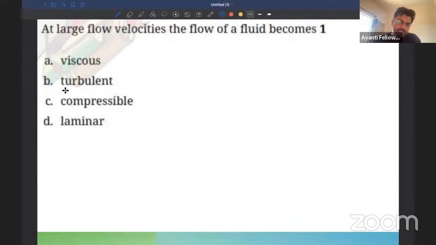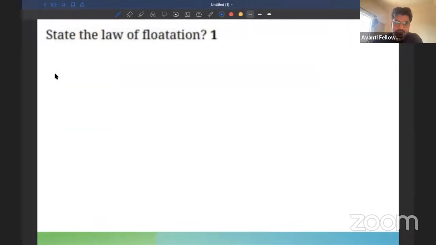So the answer will be turbulent. Okay. So when any liquid is flowing more than its critical velocity, then the flow becomes turbulent. Okay. So the answer will be turbulent.